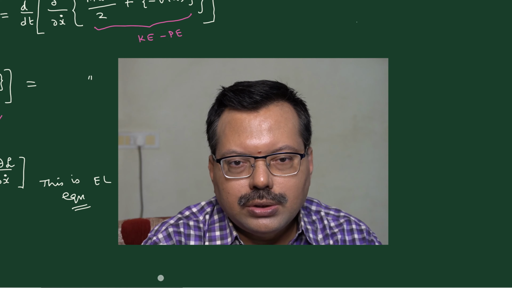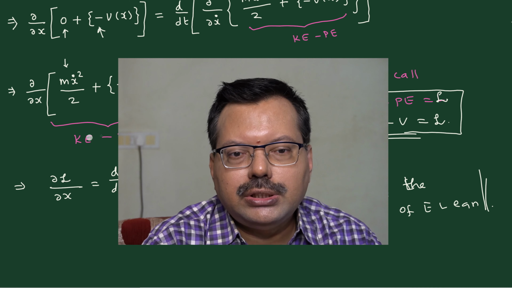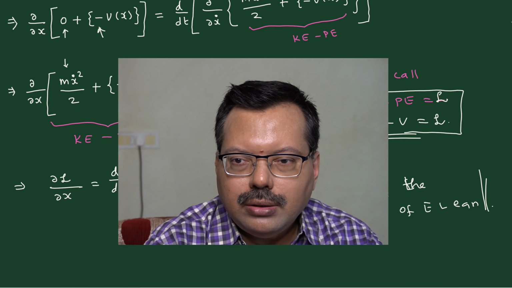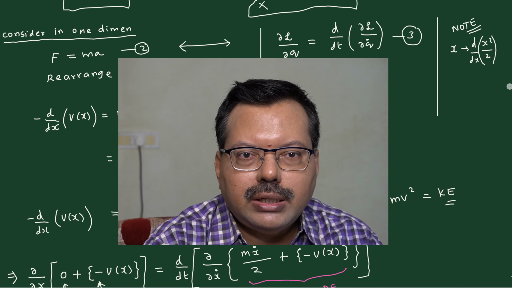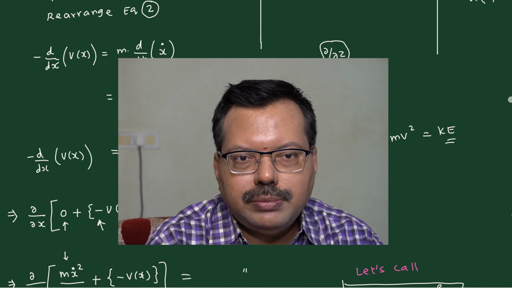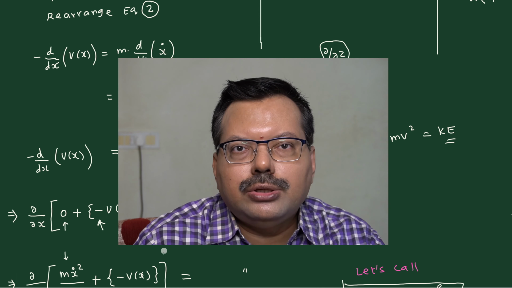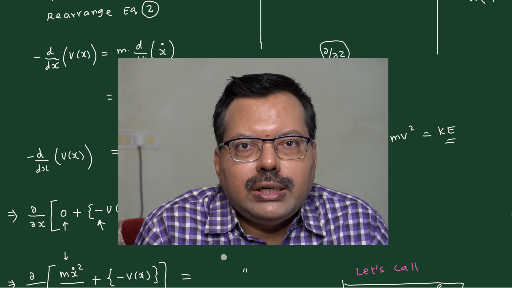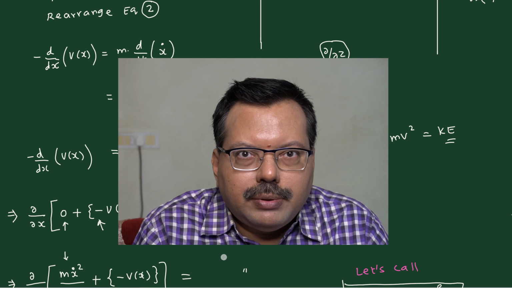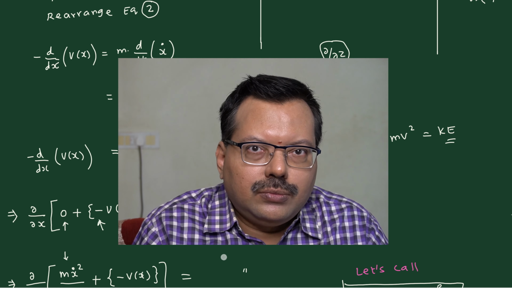Please remember, this is not a derivation, but only an interesting way of rewriting Newton's second law, which gives you a clear idea that T minus V will be a possible Lagrangian, physically, not mathematically.